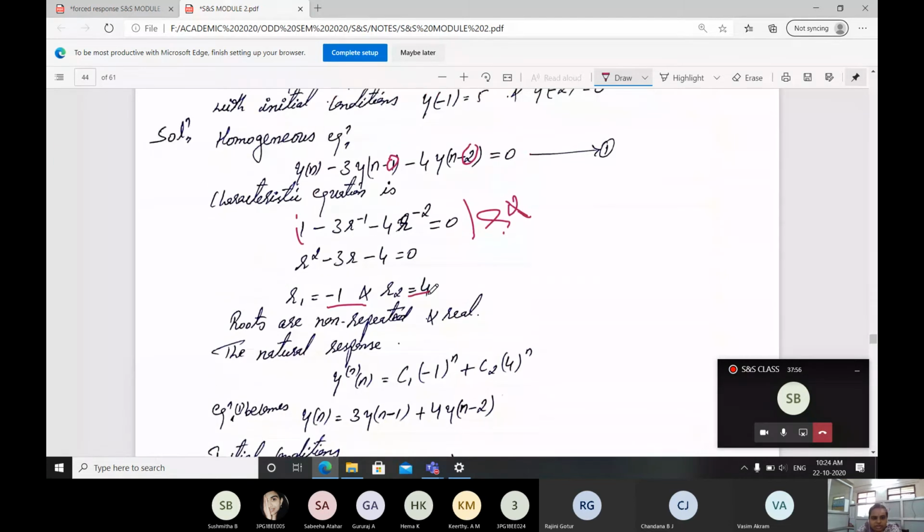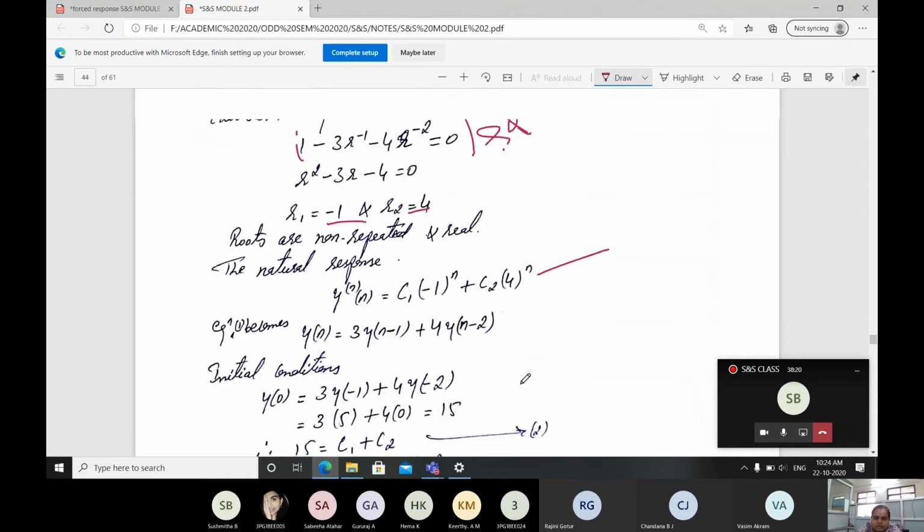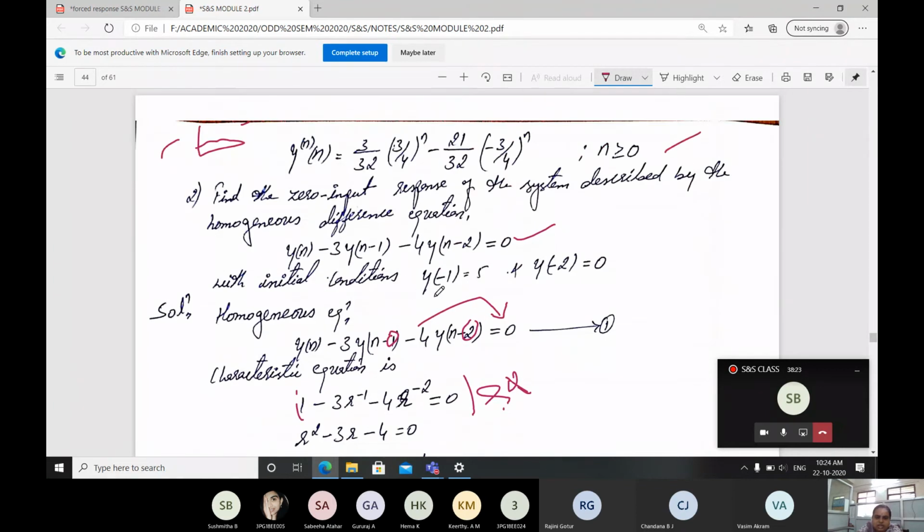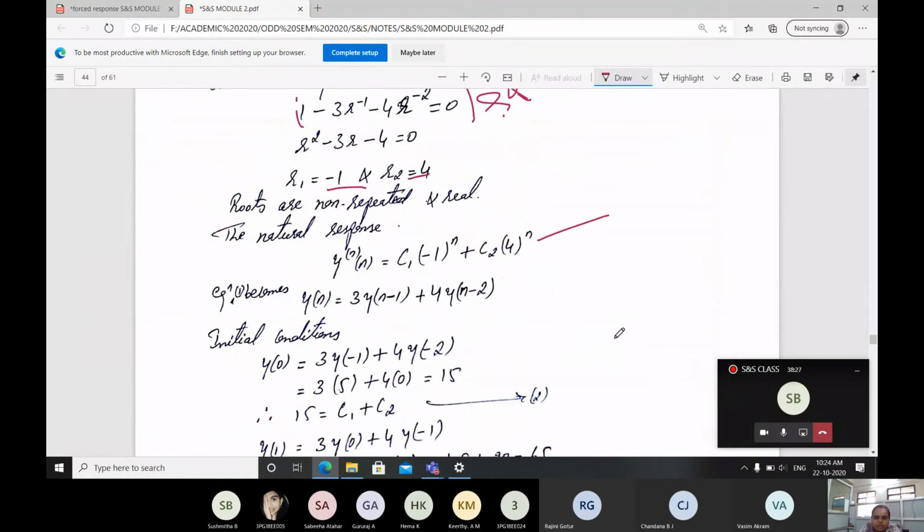Remember this, when you are solving a difference equation, after getting your natural response in terms of C1, C2, write the equation in terms of y of n. Here it is written y of n equals 3 y of n minus 1, when taken to the RHS, plus 4 y of n minus 2. The initial conditions here are given as y of minus 1 is 5 and y of minus 2 is 0.